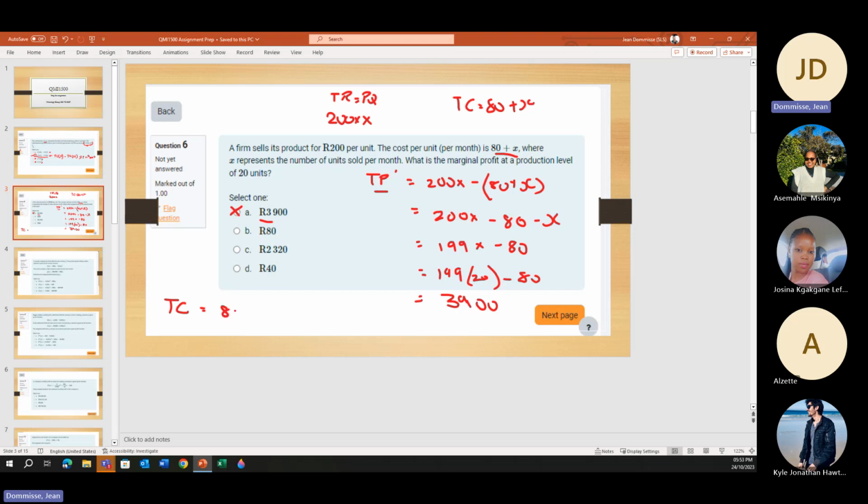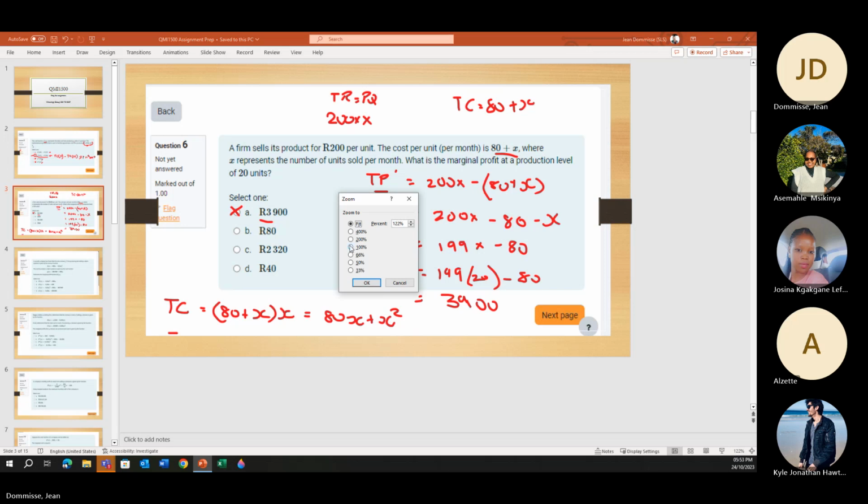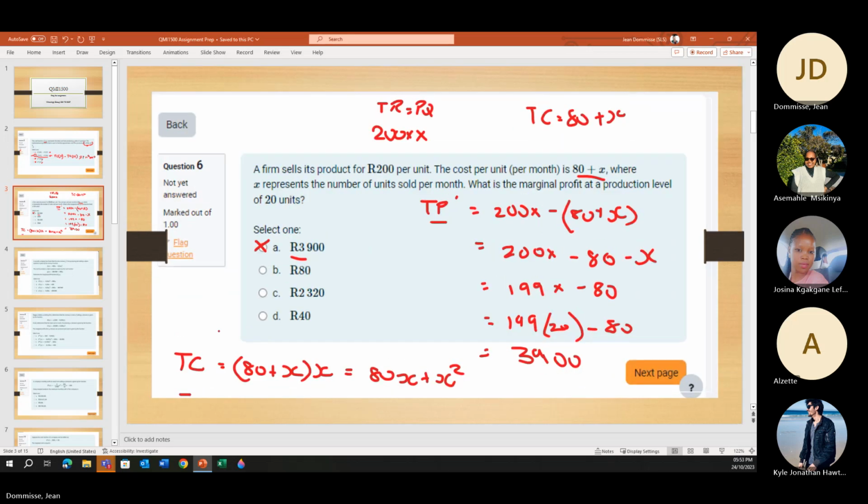If total cost is, when we say total revenue, then profit is 200.